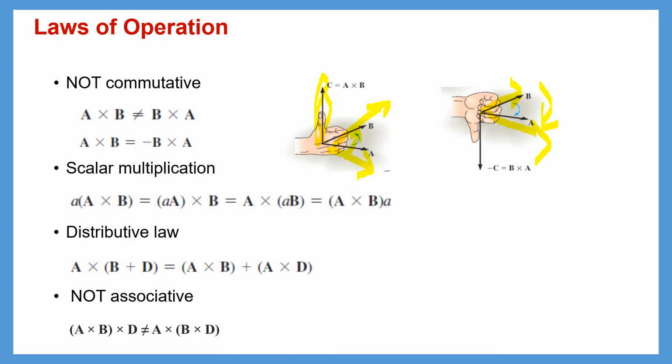So the resulting vector C will be in minus Z direction. So we can say that A cross B will be equal to minus B cross A. Scalar multiplication and cross product will obey the distributive law, but it is not associative.